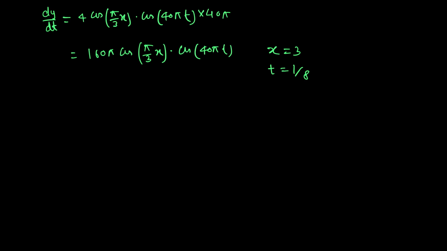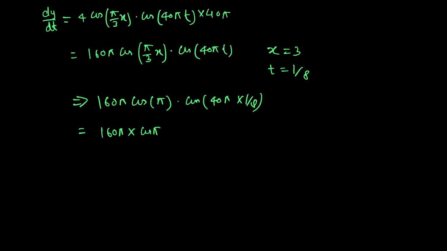After substituting this value, I will get 160 pi into cos pi into cos 40 pi into 1 by 8, which is 160 pi into cos pi into cos 5 pi.